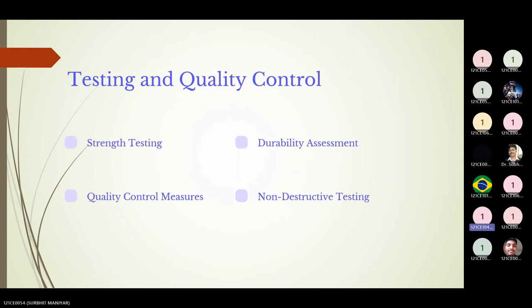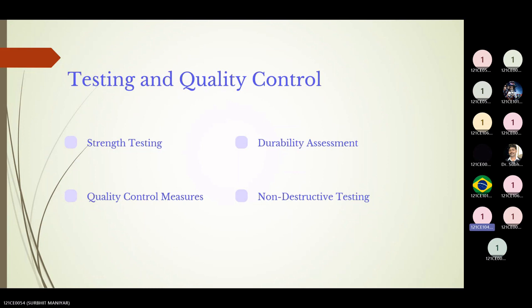Then quality control measures. For the preparation we have done in the manufacturing process, we have to implement quality control measures so that we get a good concrete mix without any flaws.